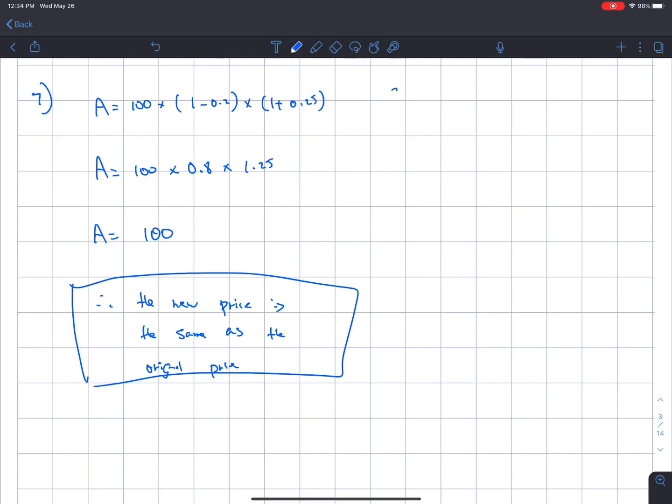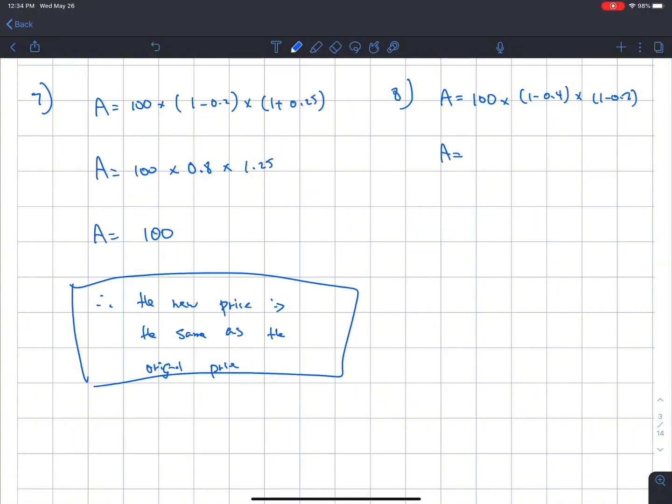And the last one, question 8. An item which is on sale for 40% off has an additional discount of 20%. What percent of total discount is for this item? So we have A equals 100 times, so 40% off is 1 minus 0.4, and then an additional 20% off, that's 1 minus 0.2.